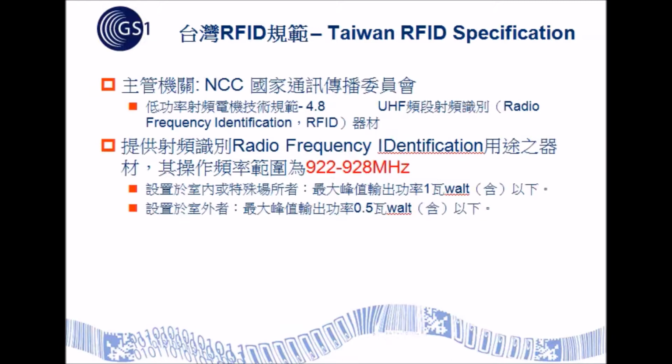So if your RFID reader can read tags between 860 and 960 MHz, it means the RFID reader can be used in the RFID system in Taiwan.